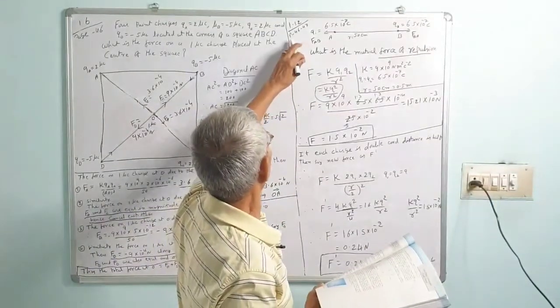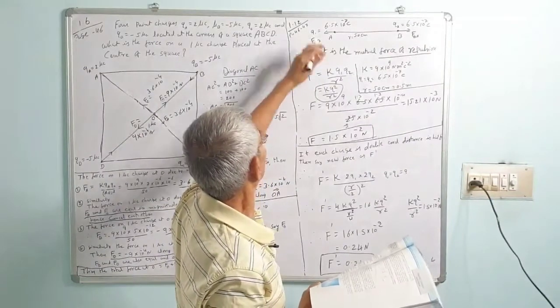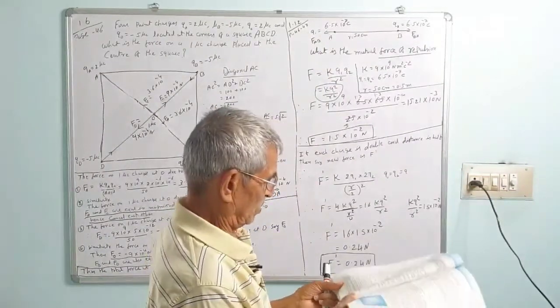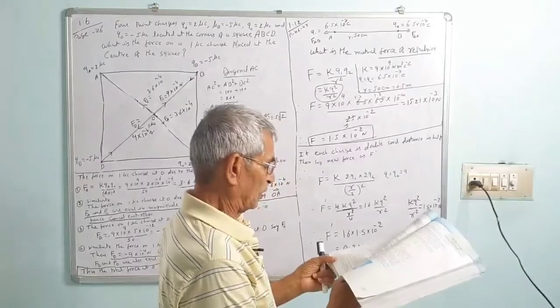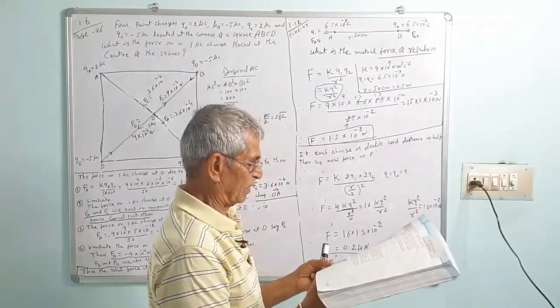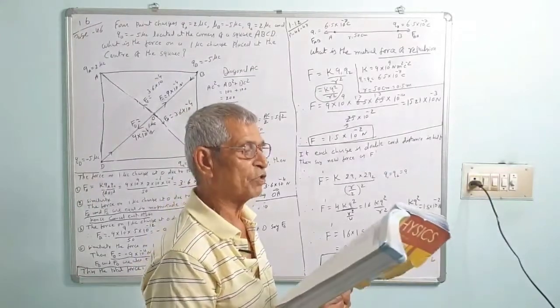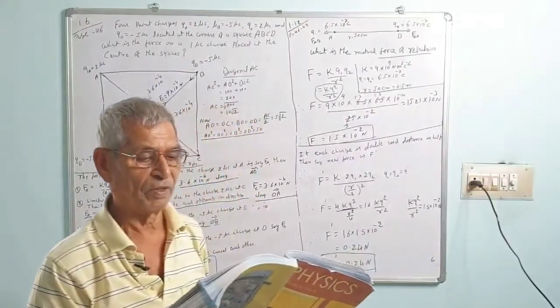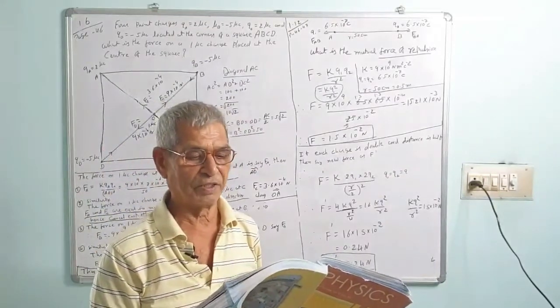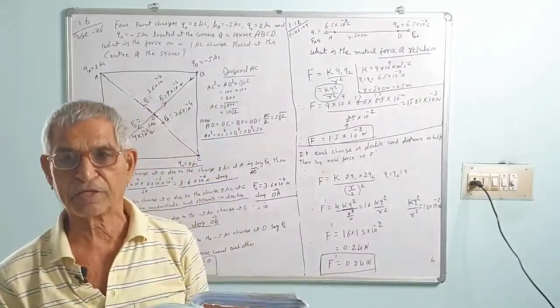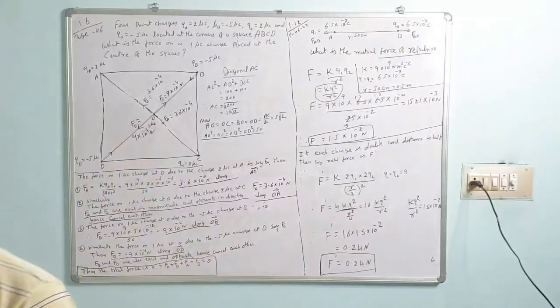Question 1.12 of the exercise, page number 46 and 47. The question is like this: two insulated charged copper spheres A and B have their centers separated by a distance of 50 centimeters. What is the mutual force of electrostatic repulsion if the charge on each sphere is 6.5 into 10 raised to minus 7 coulomb?